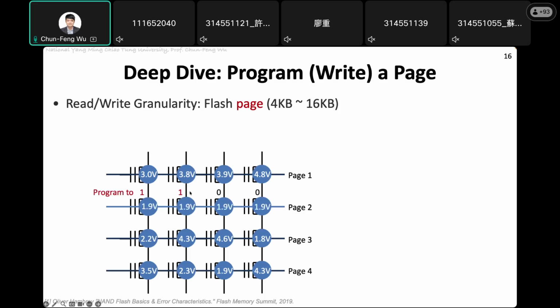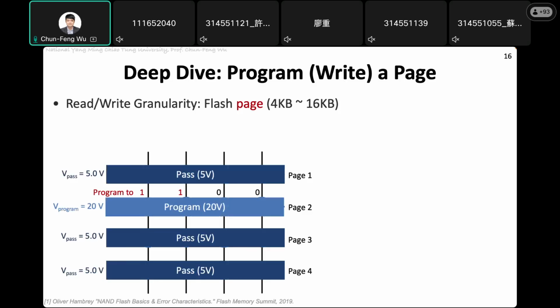You can see the voltage inside the floating gate now is low. It is only 1.9 volt. Okay, so our goal is to do the program. We are going to program this 1111 to 1100. Okay, so 0 means we are going to push the electron from the P substrate into the floating gate.